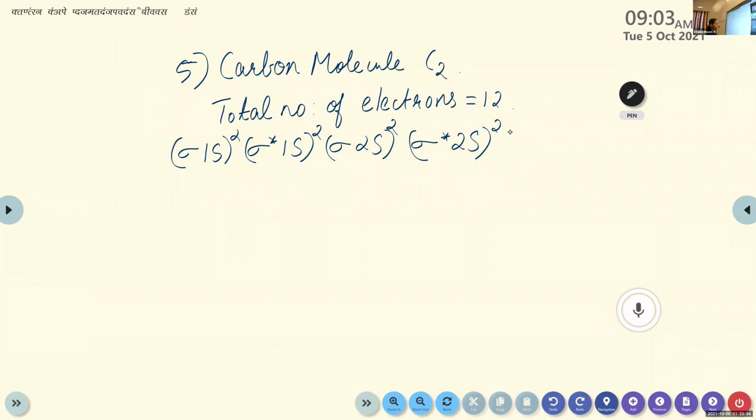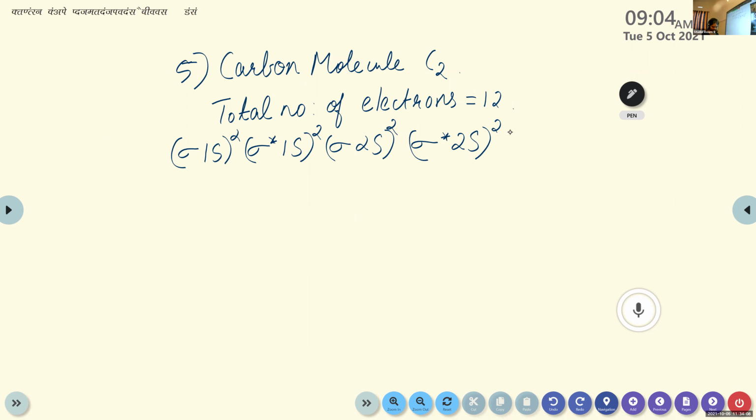Then what will be the next molecular orbital? There are 2 types of increasing order for this molecular orbital. For oxygen molecule and fluorine molecule, it's a different order. For all other remaining molecules, there's a particular order. So can you tell me, children, after sigma star 2s2, which one is the next molecular orbital? Pi 2p.